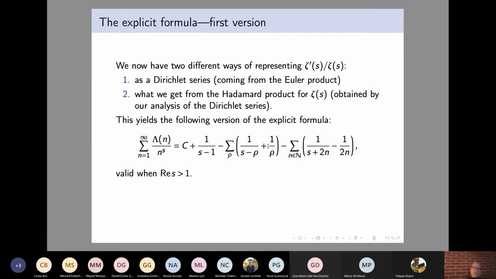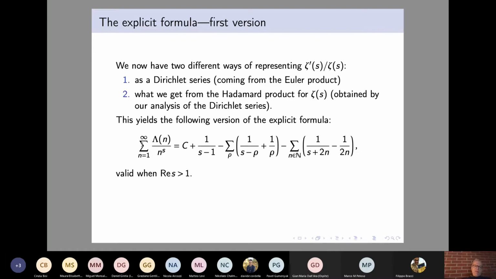This is, of course, valid when the real part of s is larger than 1, since we have a Dirichlet series here, and to have convergence of that Dirichlet series, we need to require that the real part of s is larger than 1. So this is the basic formula that connects the primes.